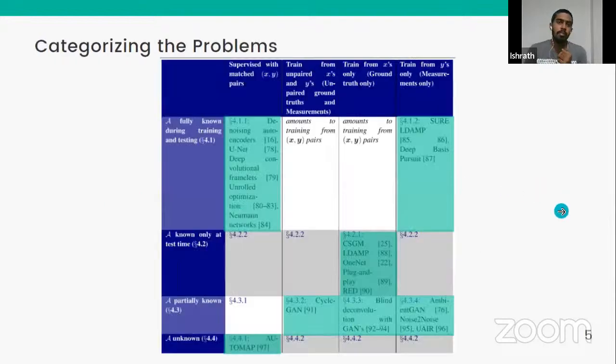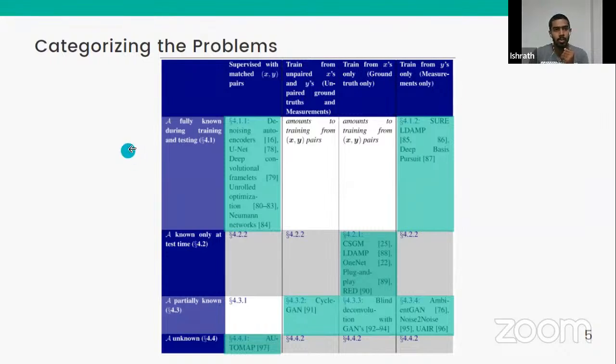So in this paper, what they do is they categorize the problems and provide a taxonomy of different kinds of categories of problems, and how previous approaches have been applied to solve these problems. There are two categories mentioned in this paper.